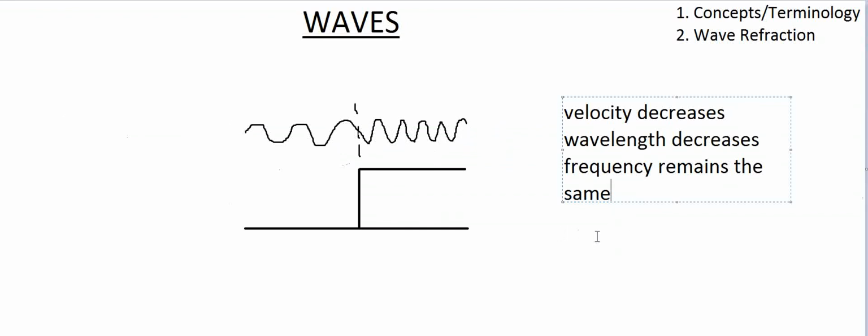Just understand it that way. To understand why it slows down, you can think of it like a car hitting a curb. When the car mounts the curb, it continues driving on the curb, but it will slow down, right? Think of it that way.